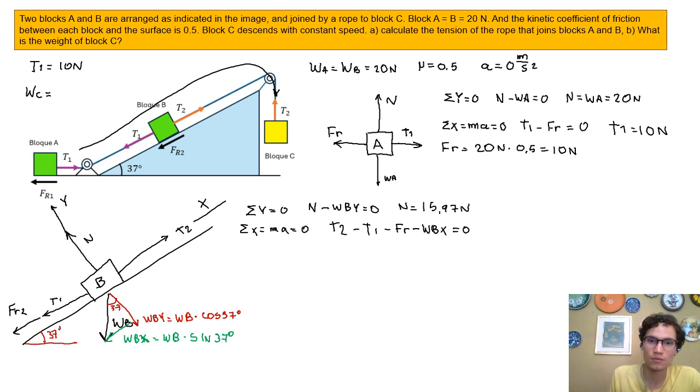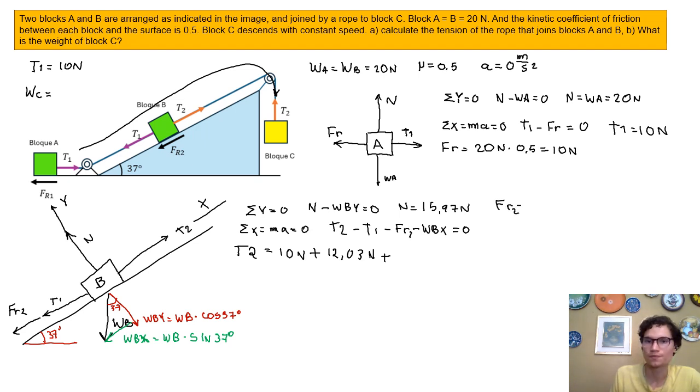And we got that the tension 2 will be equal to the tension 1, which we know is 10 newtons, plus the weight B in the x-axis, which is 12.03 newtons, plus the friction force. Again, this second one is friction force 2.